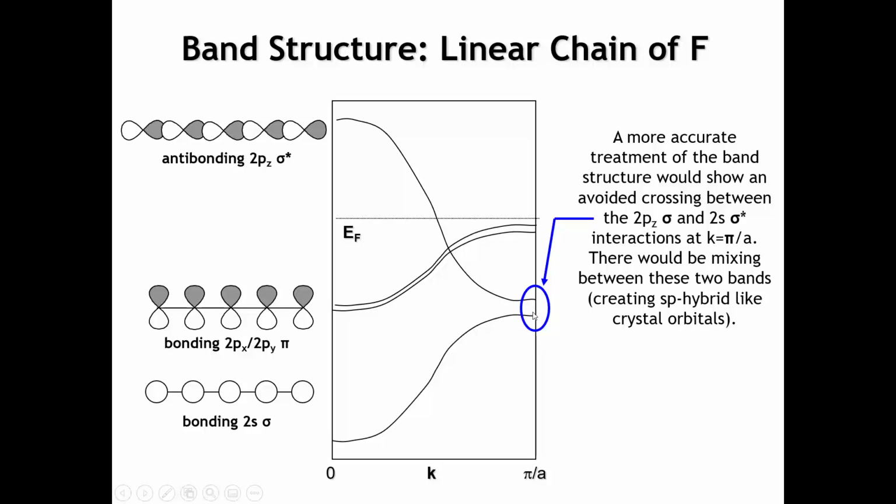In that approach, they actually avoid crossing each other. So the 2pz band gets some 2s character that raises its energy, the 2s band gets some p character that lowers its energy, and we get something that looks a little bit like sp hybrids. If you remember correctly, we saw something very similar in the molecular orbital diagram of O2, where we had sp mixing there as well.